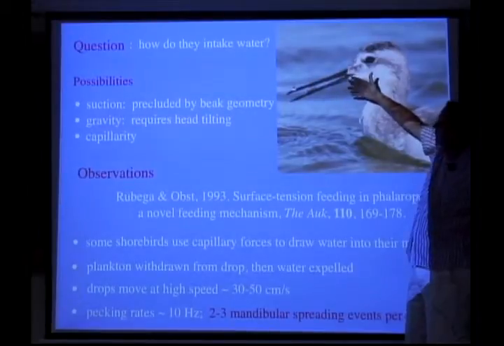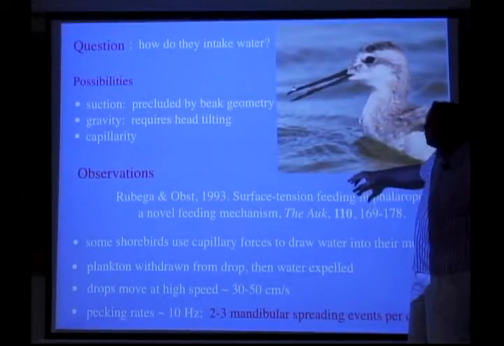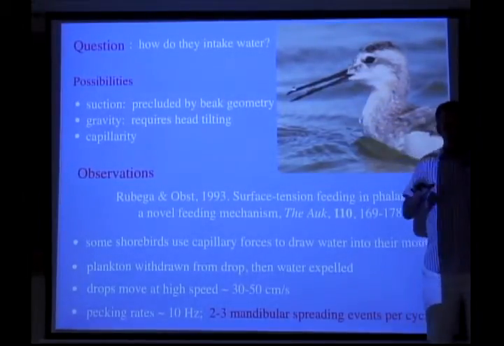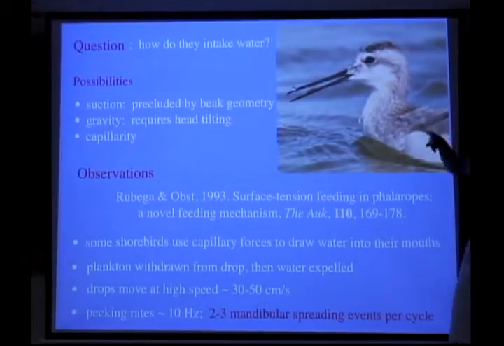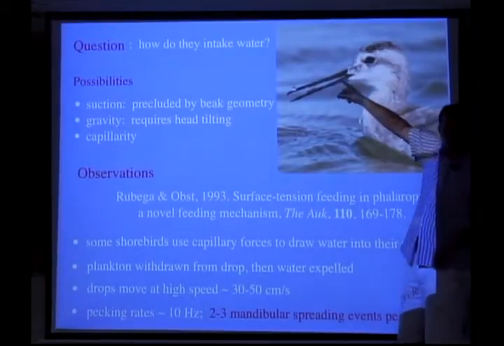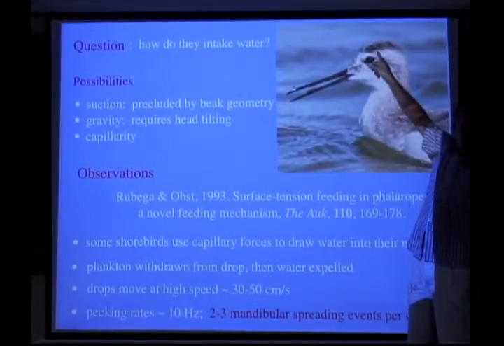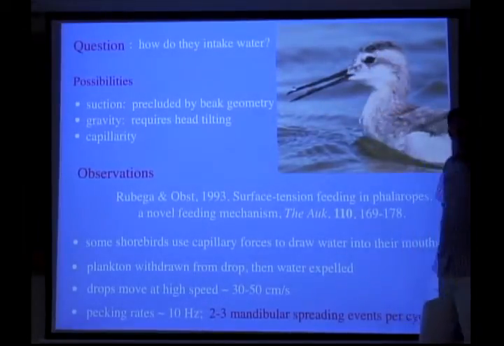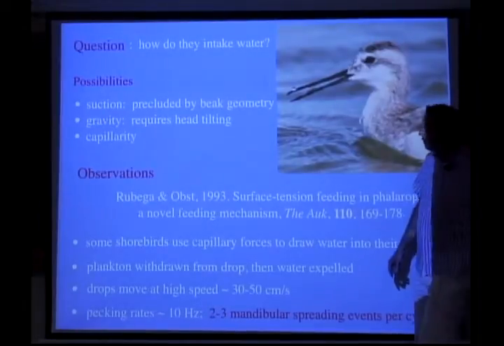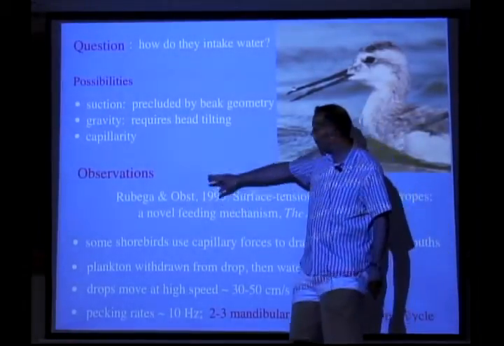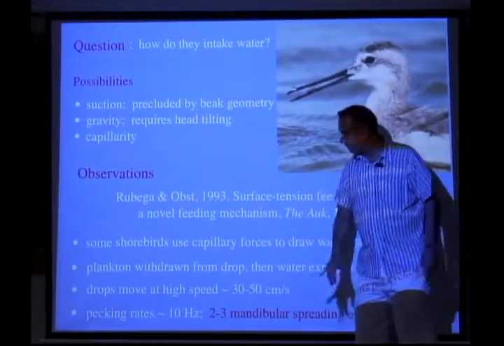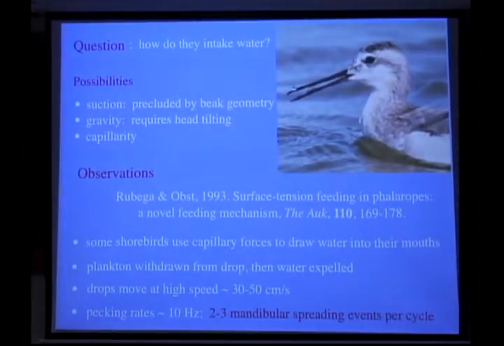And so the question is, how do they take in water? They can't just apply suction. If you're using a tube, you can apply suction, but they have an open beak, so applying suction is going to do nothing. Obviously, gravity can't help you because the drop is moving against gravity. And so Rubega looked at this problem. They noted that it must be surface tension, but they didn't exactly say how. They suggested that maybe it was like capillary rise.